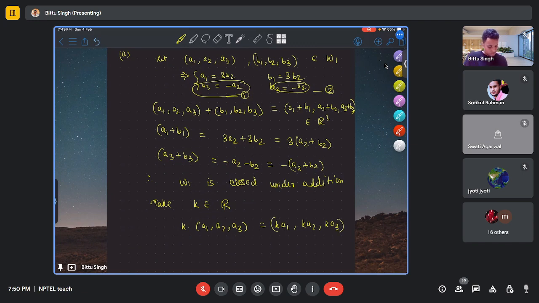Now after that, we need to see if those two conditions are satisfied or not. So for KA1, you can write A1 equal to 3A2 from this. So it is the same as K times 3A2. But by associativity of scalar, this will give 3 times KA2.